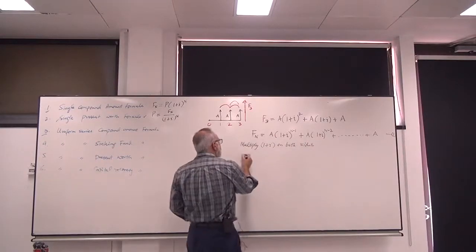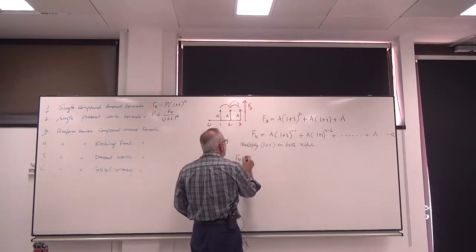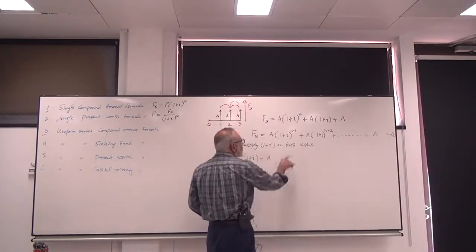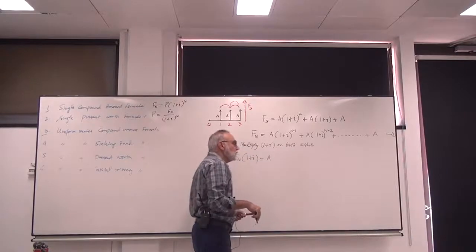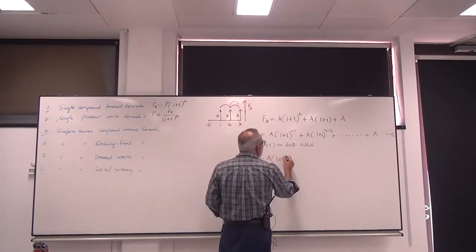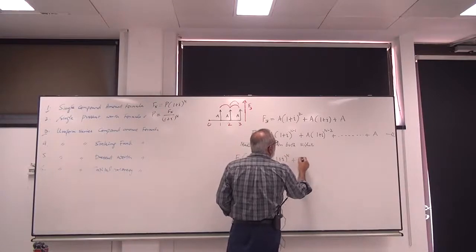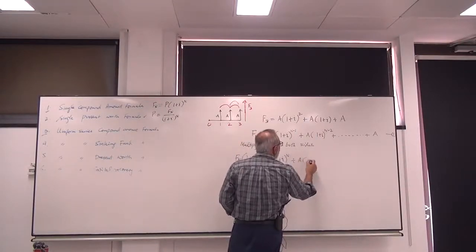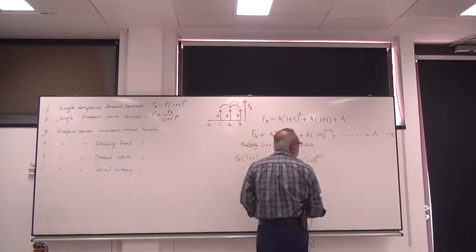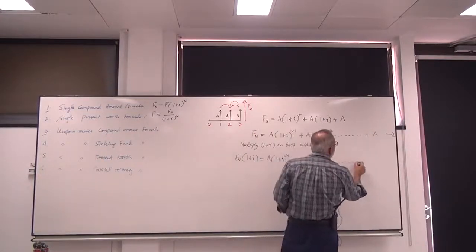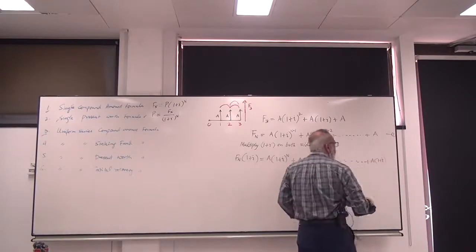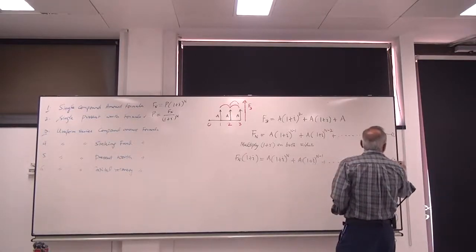So what we get is Fn into 1 plus I is equal to A. When this is multiplied with 1 plus I, it will become raised to power n, and this one will become A into 1 plus I raised to n minus 1, and plus the last one will become 1 plus I. Now let's call this equation 2.